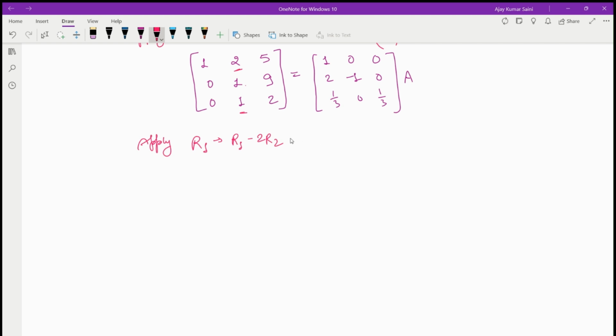Same, and R3 is R3 minus R2. So I get from here 1 0 minus 13, 0 1 9, and after that 0 0 and minus 7.